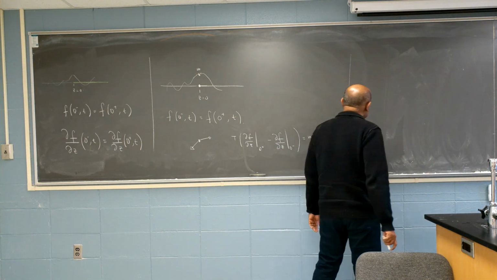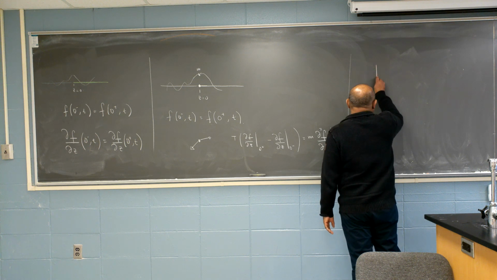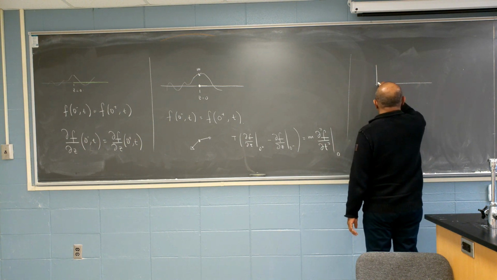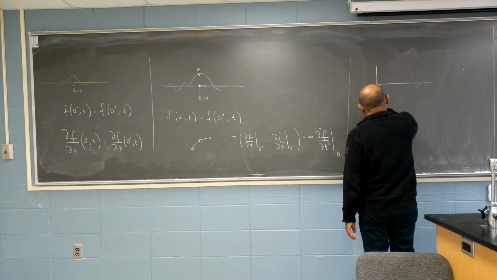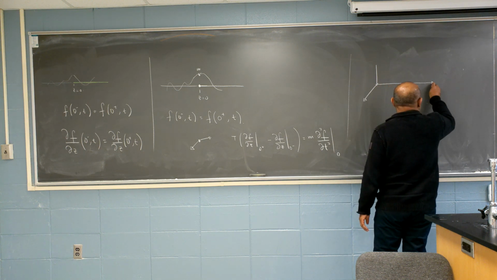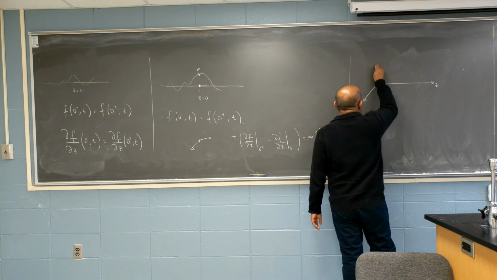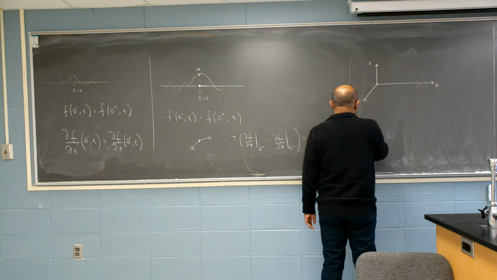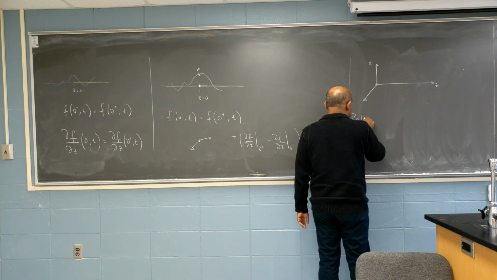Fine. So again, let me just do a few more things. You have a wave. This is the z-axis. And I'm going to be consistent with Griffiths, and I'm going to talk about polarization.